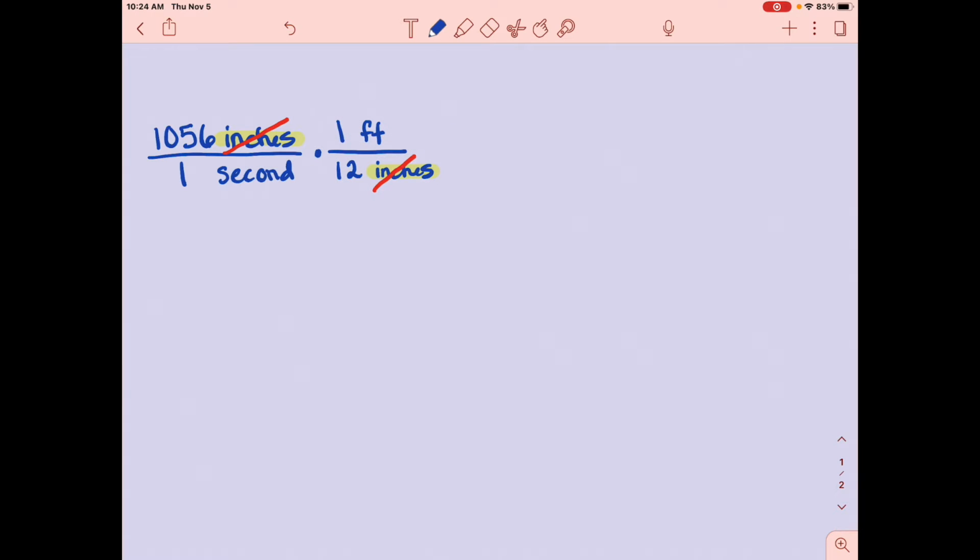The next thing I'm going to do is think about feet. What do I know about feet? Remember that if I have feet here, I'm going to put feet here so that they will cancel. I know that there are 5,280 feet in 1 mile.